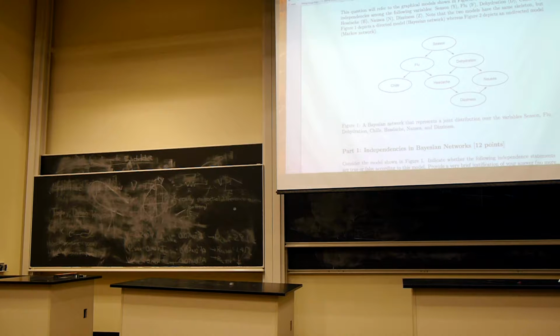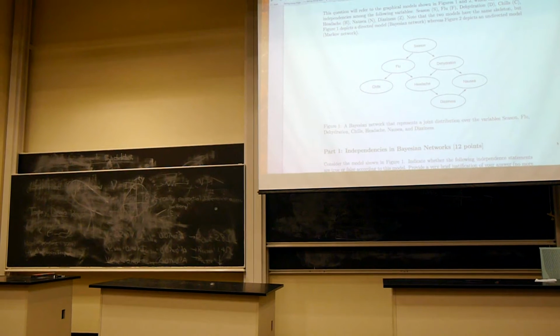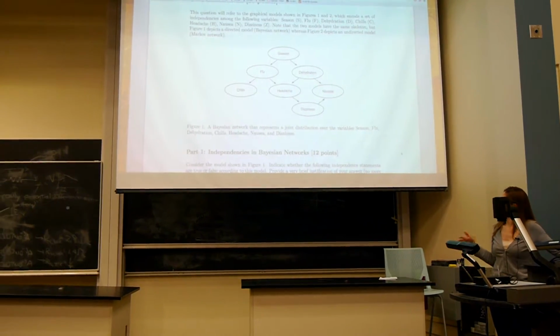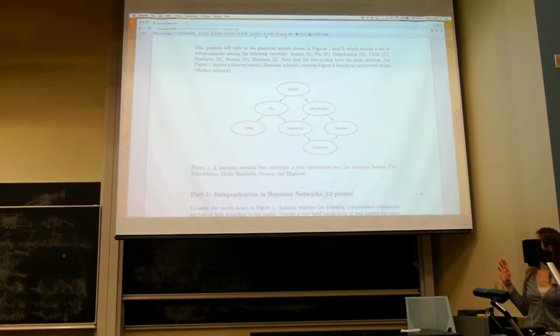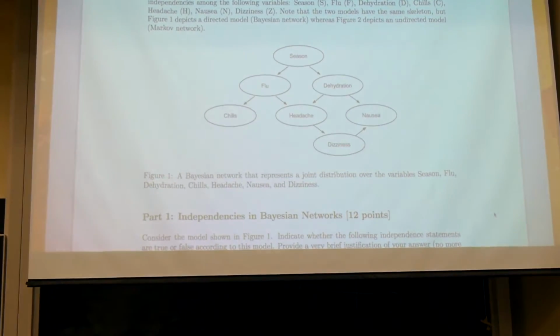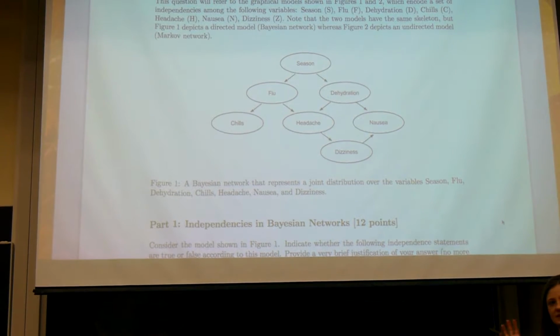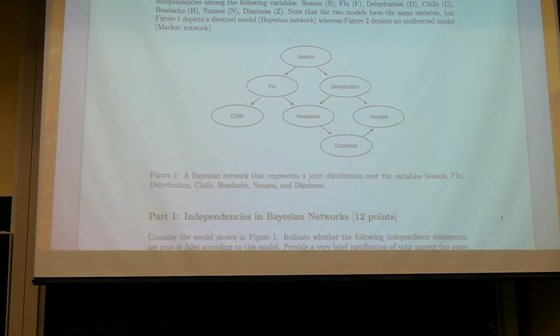So basically, let's suppose we have these seven variables. It's a model of how these two diseases, flu and dehydration, relate to various other variables, including season and a bunch of symptoms.